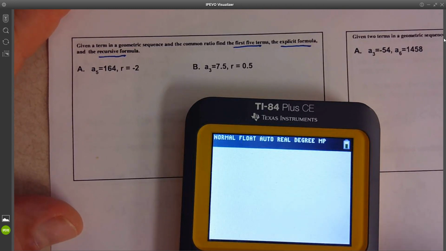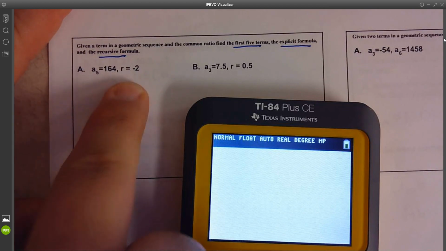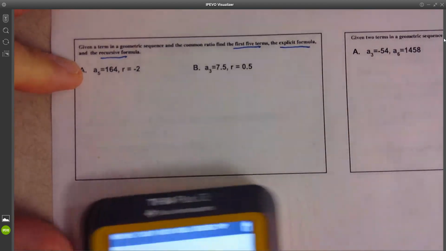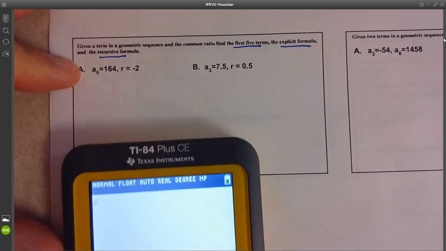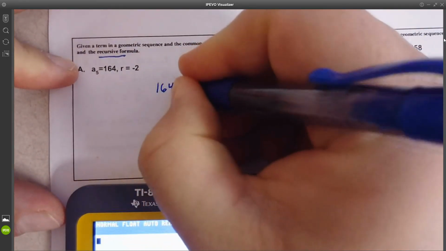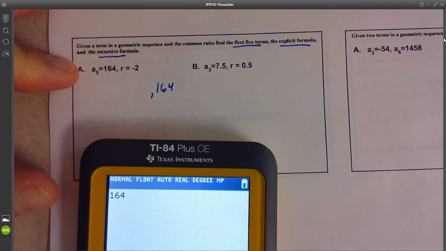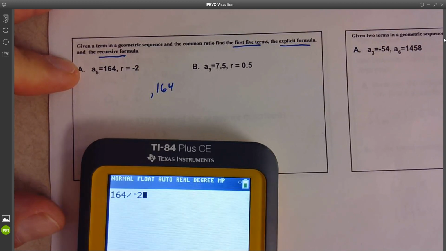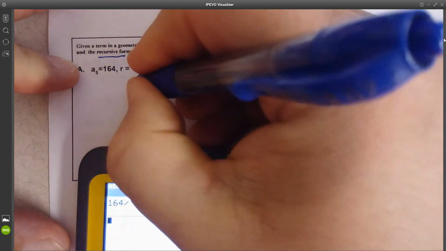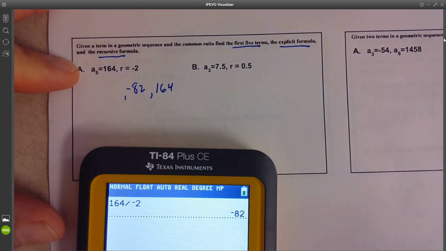But if we're going backwards, let's just write them out. We're supposed to find the first 5 terms. So I'm going to write them backwards here, 164. The term before that, if I'm multiplying by -2 to go backwards, I would divide by -2. So I get -82. I think I can do the next one in my head.